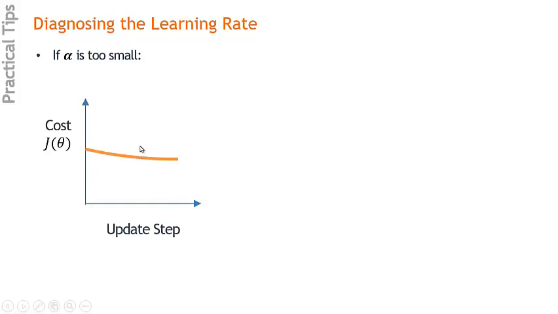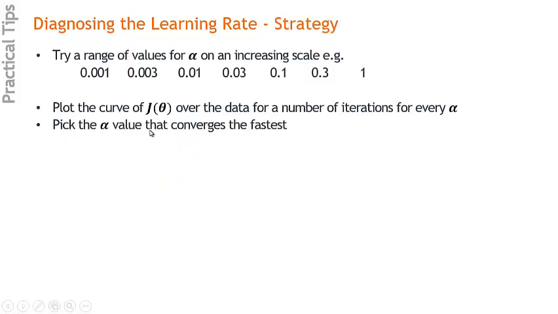Now, if you reduce the value of alpha, then you're going to reduce the change in J as a function of update step. So the change is going to be slower, and it may turn out to be too slow. So you can monitor this. Now, on the other hand, if alpha is too large, it may go like this. And we can see some illustrations of how this happens in just a few slides.